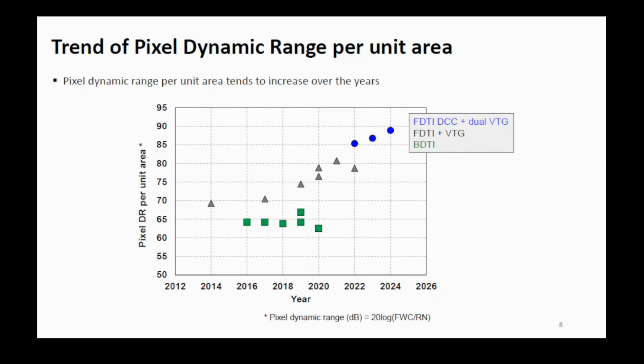And as I explained already, the FDTI technology has also evolved. For example, CD was increased, and also with the effect of the larger full well capacity and the dual VTG, the dynamic range increased a lot compared with the previous generation.